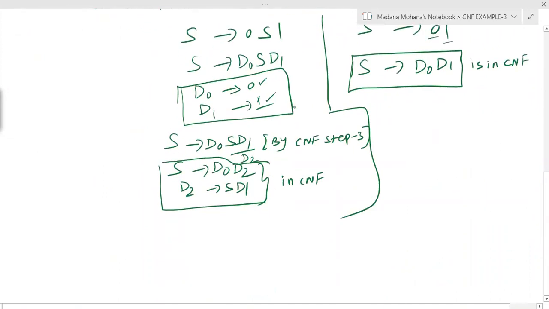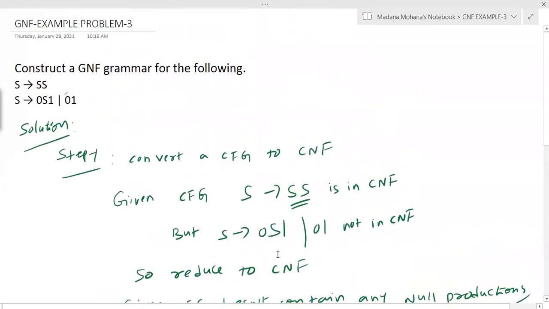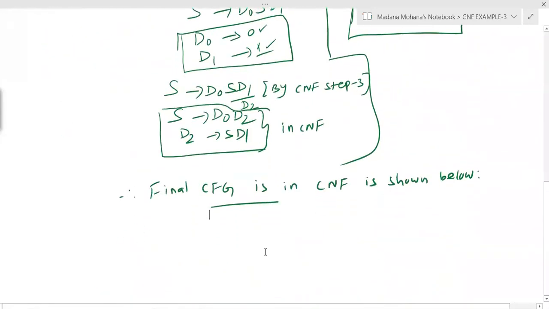Now you can write the final CFG in CNF, shown below. Write all productions in order. First, S derives SS.